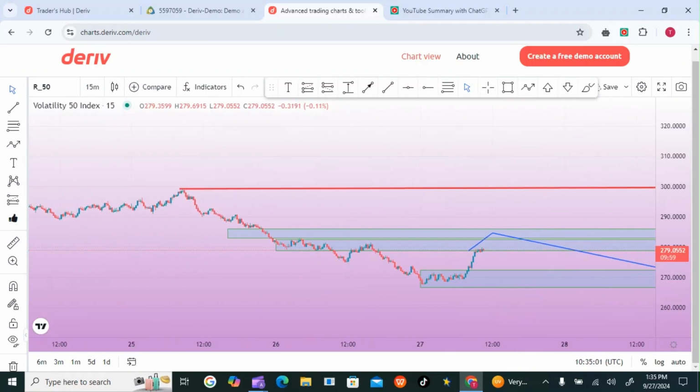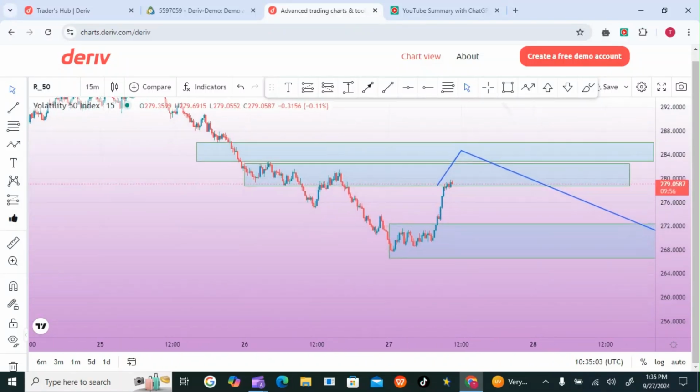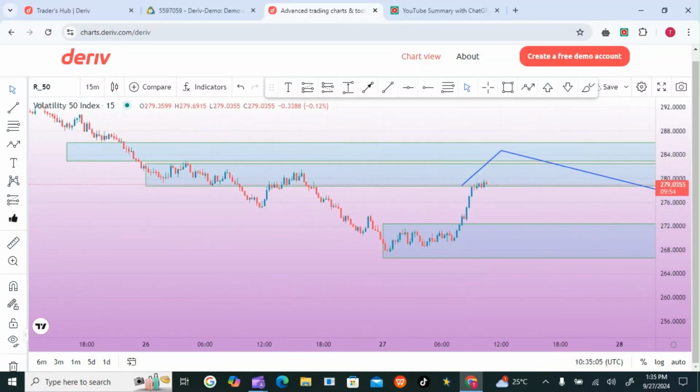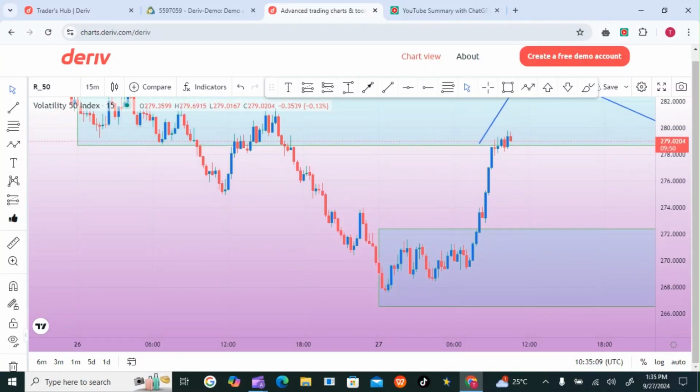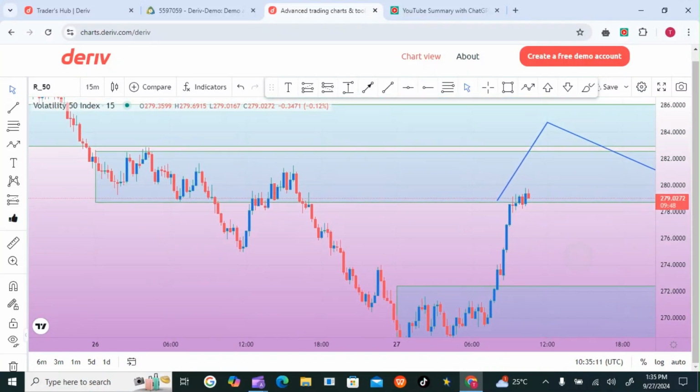So let's check. Okay, it seems on the 15 minutes we have reached near. Looking at this, we are on a position where there was a consolidation, meaning there will be a potential fall. And number 2, just look at this.